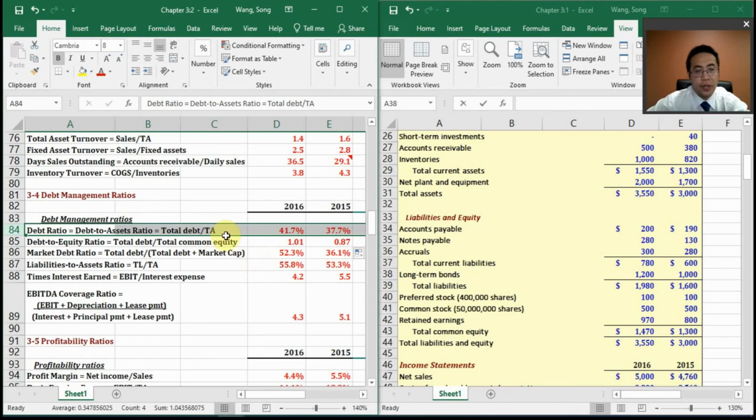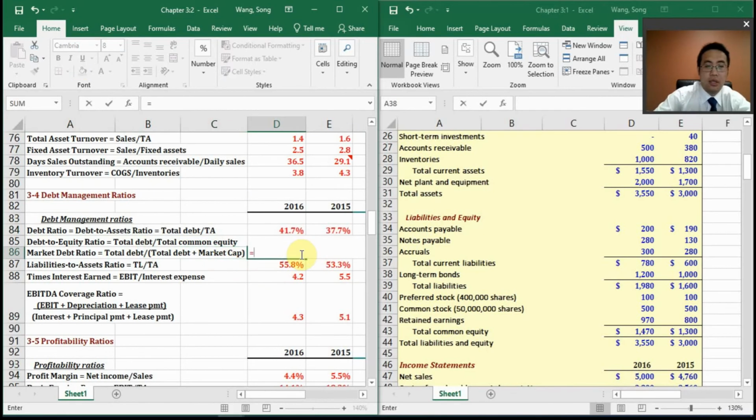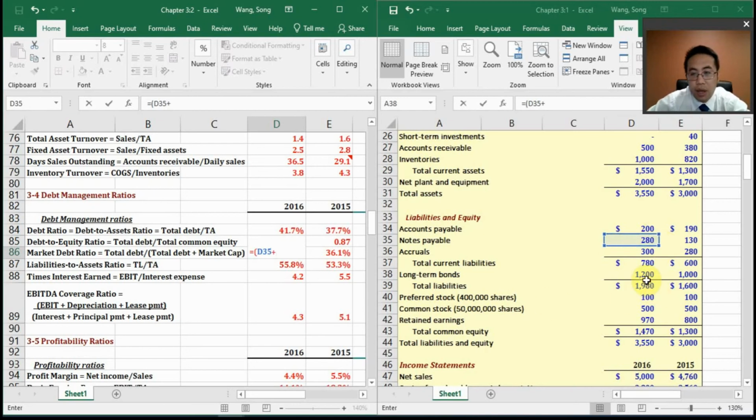In the previous total debt ratio, total assets include total liabilities plus the book value of the equity. But here we replace it with the market value of the equity. All right. So again, include both notes and bonds as total debt, notes plus bonds.